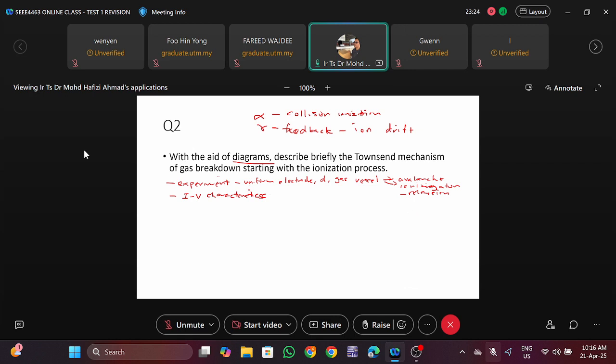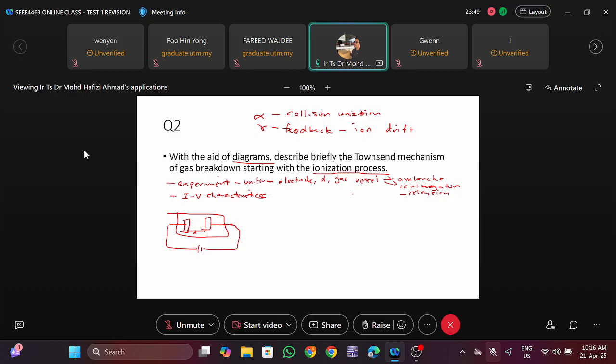So you might need to discuss this in these Townsend mechanisms, right, with the ionization process. And then you need to draw a diagram with the electrodes in the gas vessel, with small d, where you apply a small voltage, right?